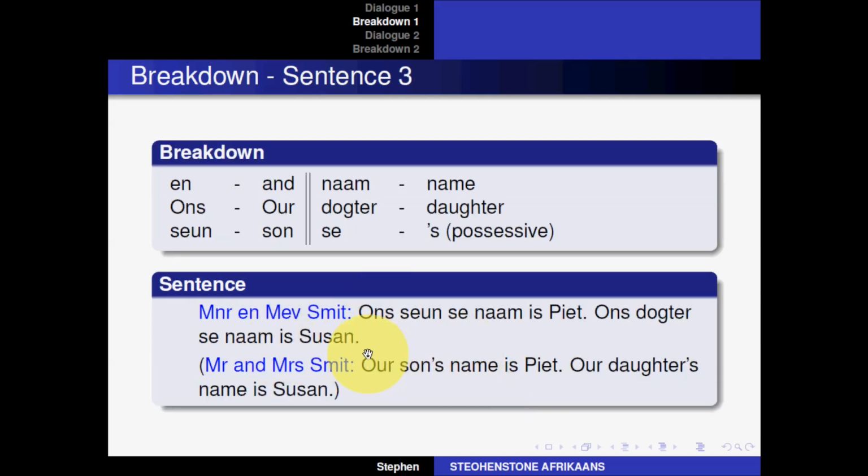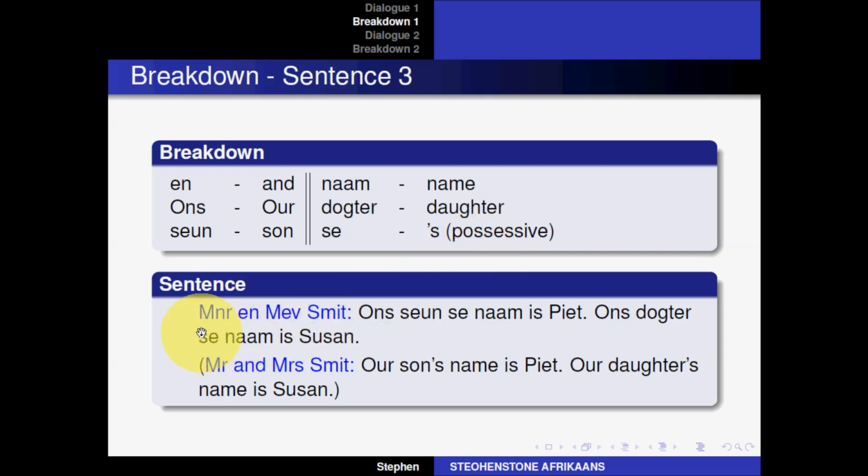The third piece, here are the new words. En means and. Ons means our. Seun means son. Naam means name. Dogter means daughter. Se is the Afrikaans word for apostrophe S, indicating possession.